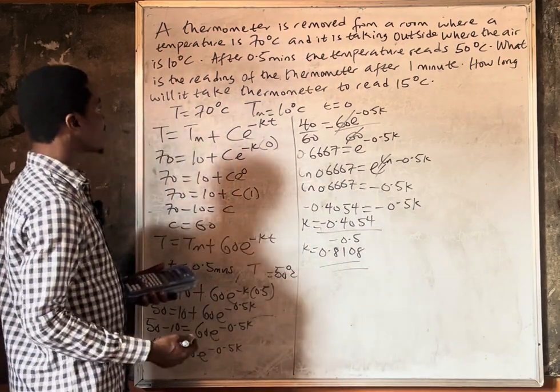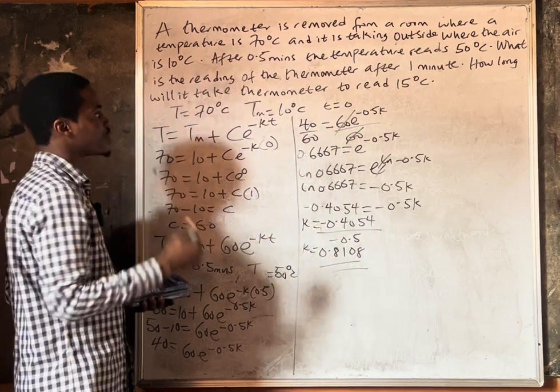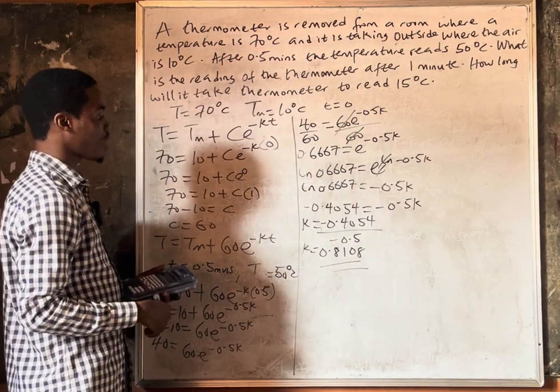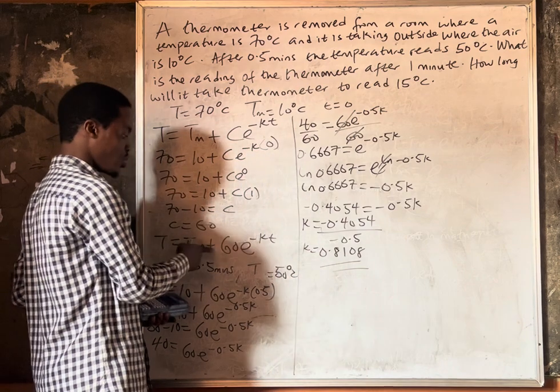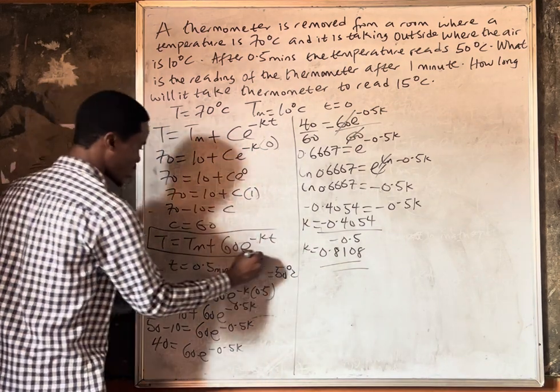So what else again? We have to find the reading of the thermometer after 1 minute. We can add our k to this equation, because this is the equation we get when we find our constant.